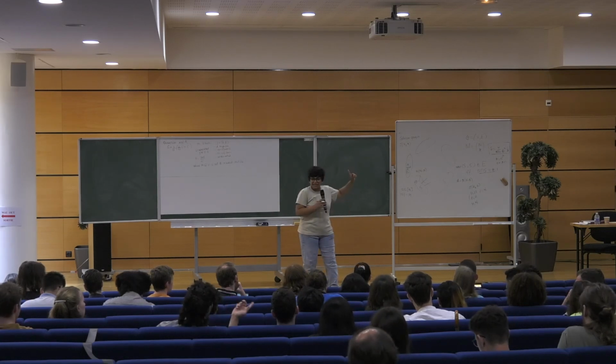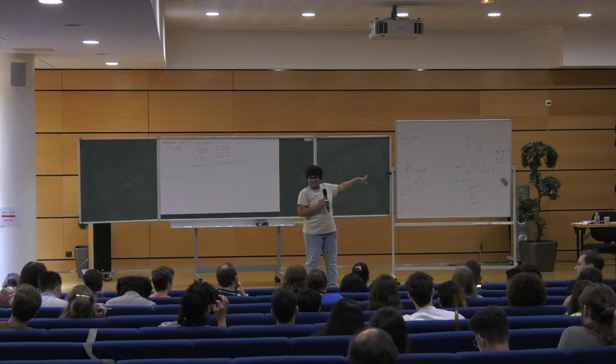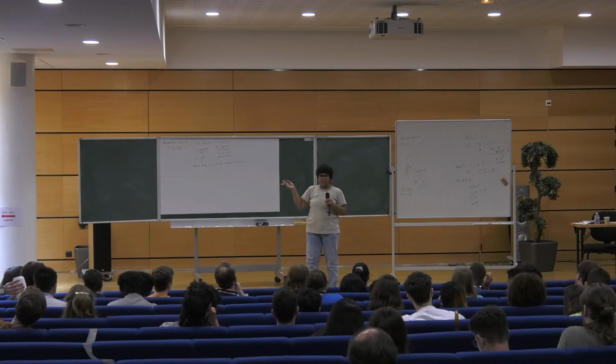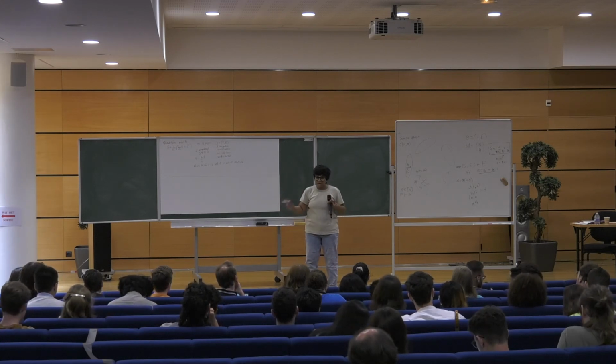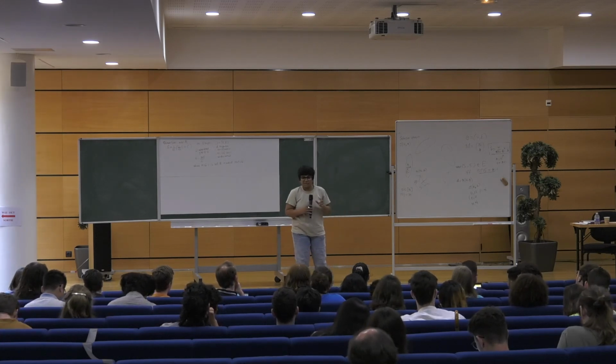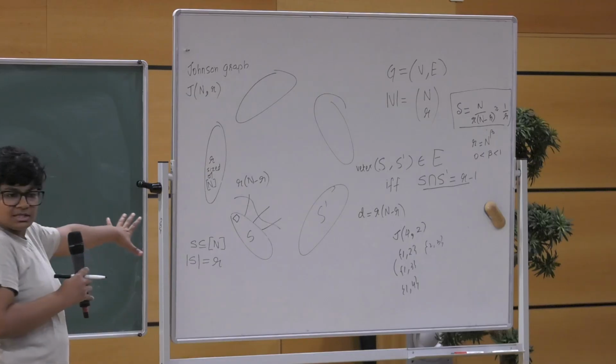Yes, exactly. I'm going to now use this Johnson graph on a computational problem that has nothing to do with graphs, but we are going to solve it. Okay, this much is clear, right?